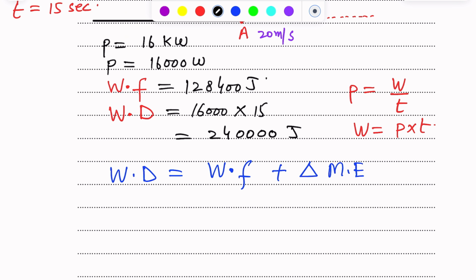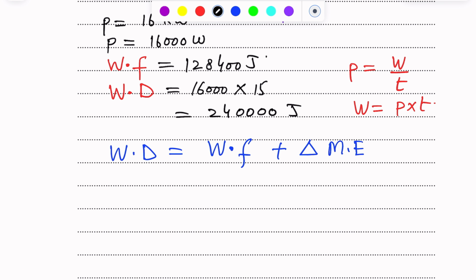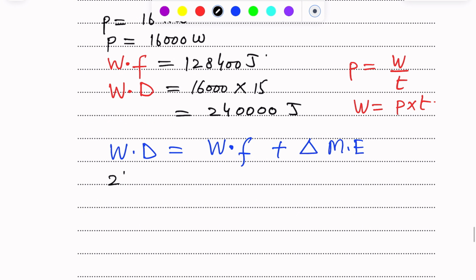So the work done by driving force we have found is 24,000,000. Work against friction is given as 128,400. And what is the change in mechanical energy?